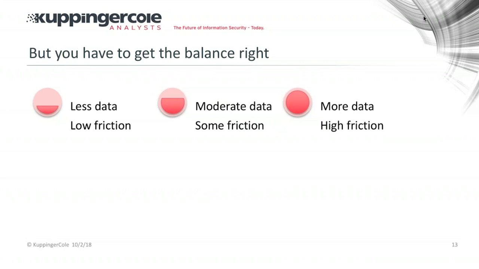So the less data that you collect through a consumer identity and access management solution, the better experience they may have, at least initially, because there is less friction. But you do have to collect some data. As you move through the user journey, there's a moderate amount of data that can be collected that generates some friction. And then there are times when you do have to collect a lot of data, and that might be considered high friction from the user perspective. So trying to get the balance right for the use case is an important consideration.